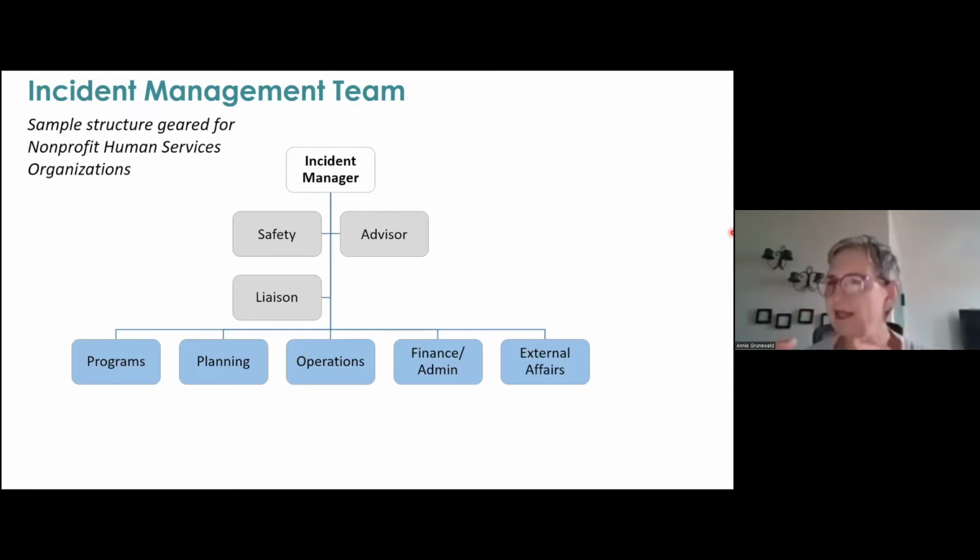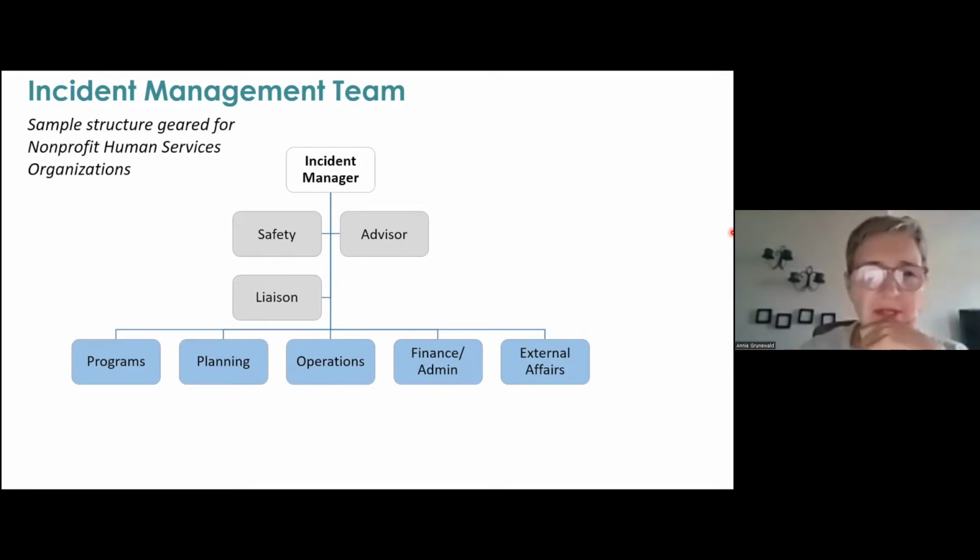So everyone had to really use the same system to manage emergencies. So they created this structure that highlights all the important things you have to think about during emergencies. So we took that, we adapted it to human services organizations.